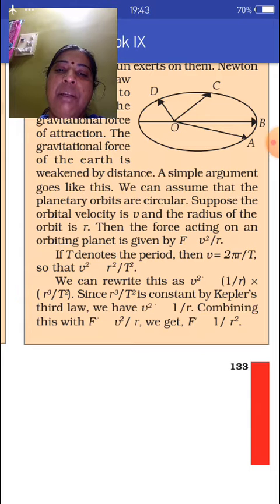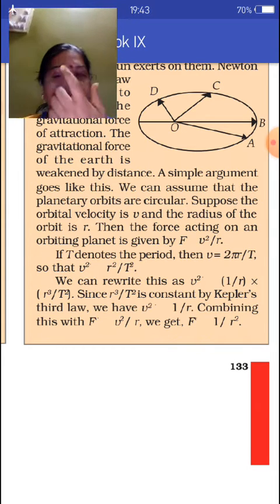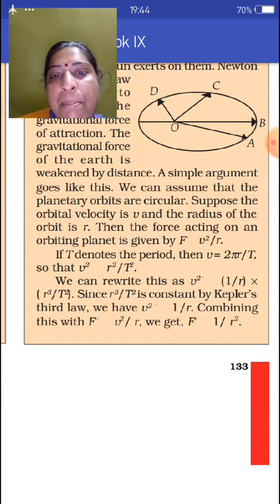If capital T denotes the period, capital T is the time period. So we can write that v is equal to 2 pi r upon T. 2 pi r, the circumference of the circle, upon T. So that v square is equal to 4 pi square r square upon T square.